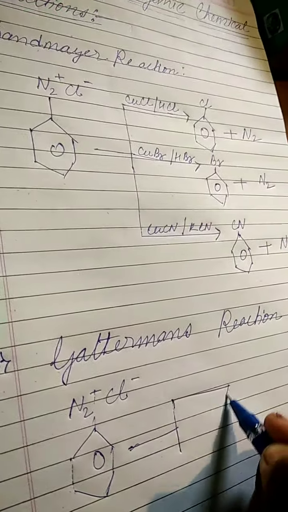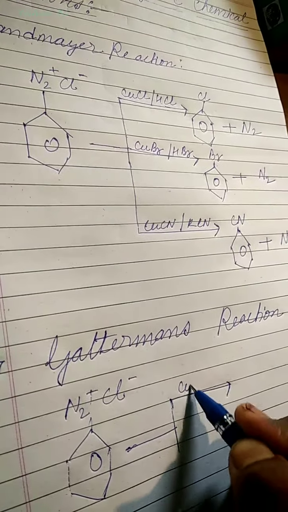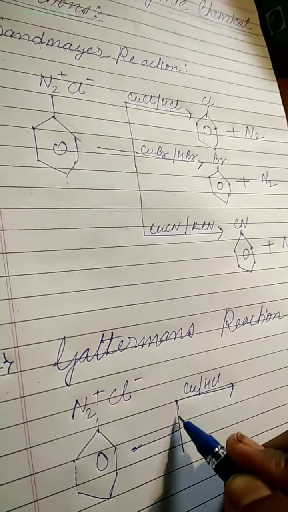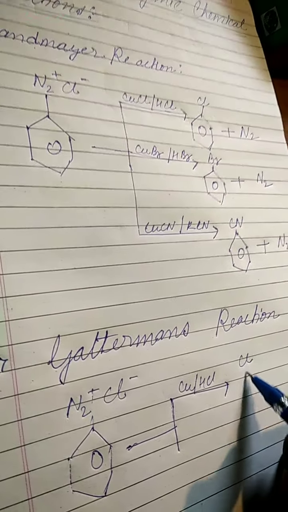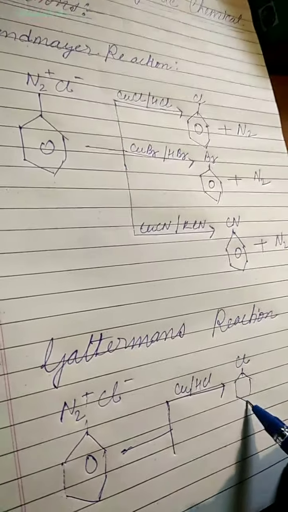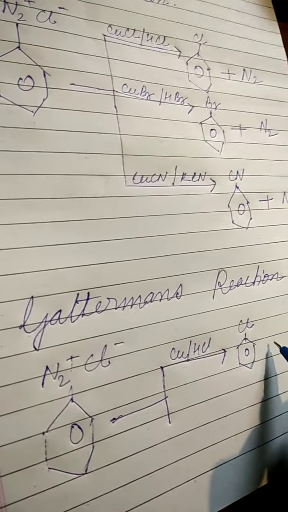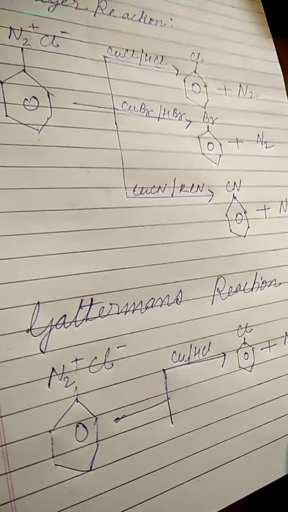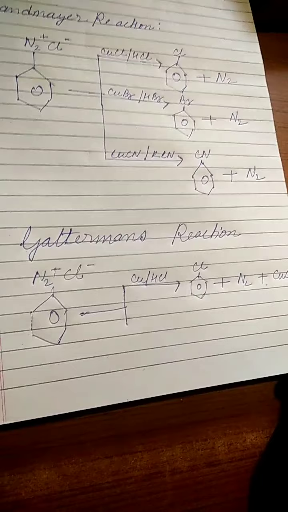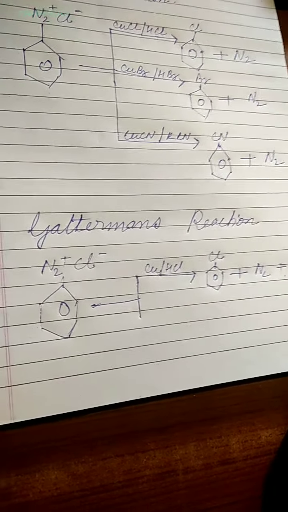Firstly it reacts with Cu in the presence of HCl and forms aryl chloride, and also releases N2 and CuCl. So it's the first part of Gattermann's reaction.